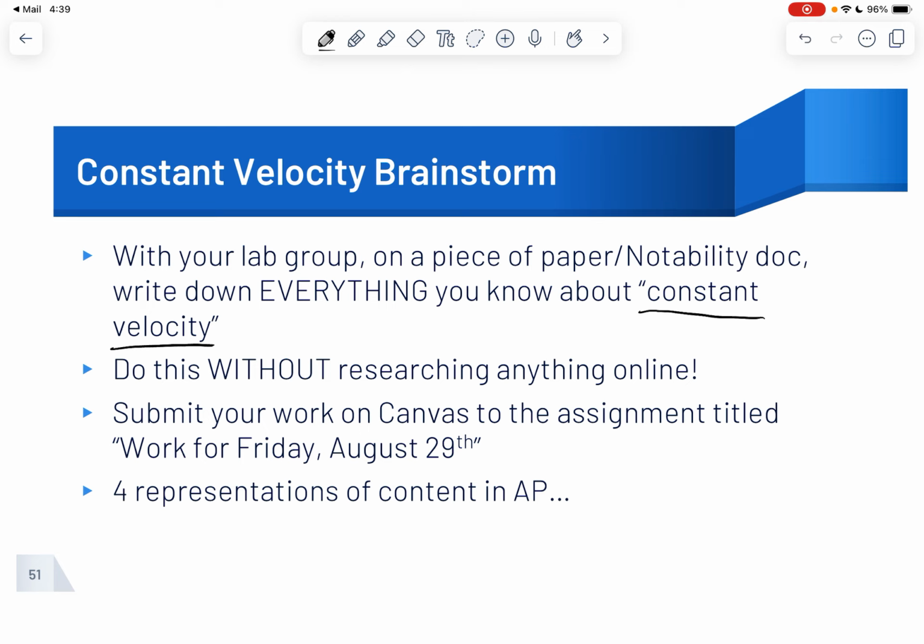Now, one thing that might help when we're thinking about the types of information we know about constant velocity is that for every single piece of material in physics we'll be covering this year, the College Board expects you to be able to think of 4 different ways in which we can represent this material.